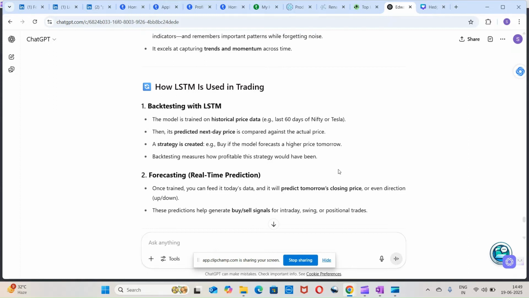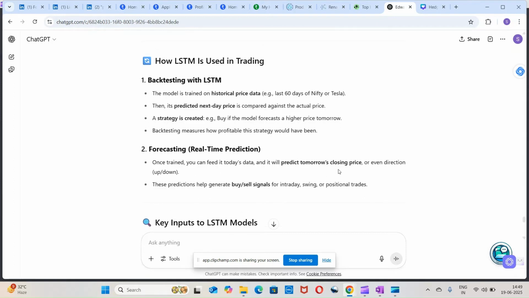Then you ask the model to predict the next day price and compare it with the actual price on that day, and you create a strategy based on this forecast: if the model is predicting a price above today's price, then you will buy. You could backtest how profitable this strategy is and how accurate the forecasting is.